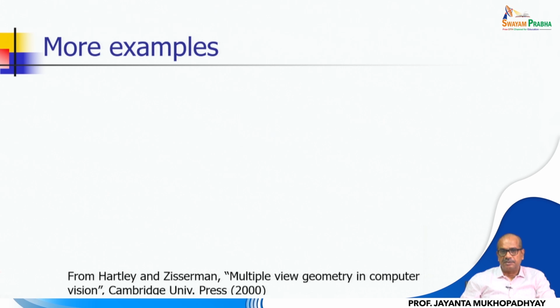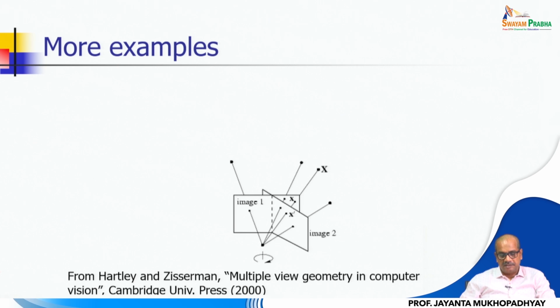A few more examples. So this is just with respect to one plane, within the plane, or from one plane to another plane under the same implicit projective three-dimensional system. But you can consider different kinds of rotation configuration. In this case, you are rotating the image plane around the axis.